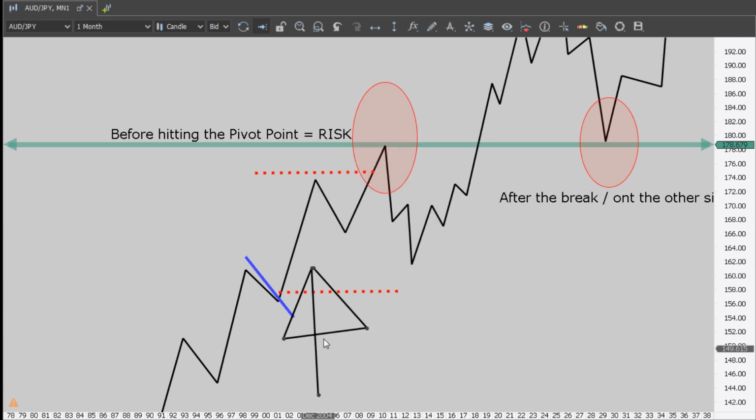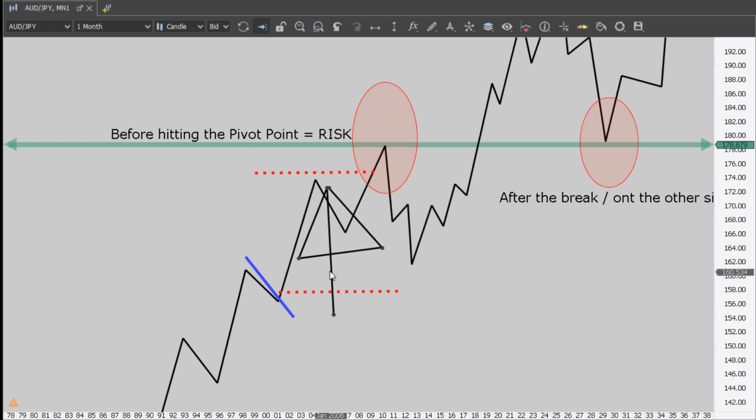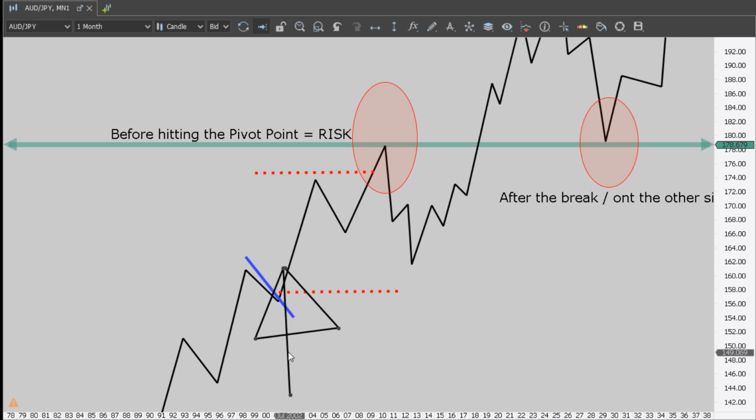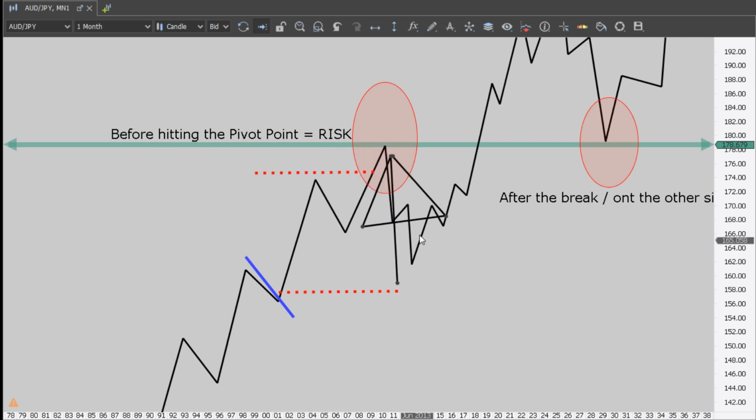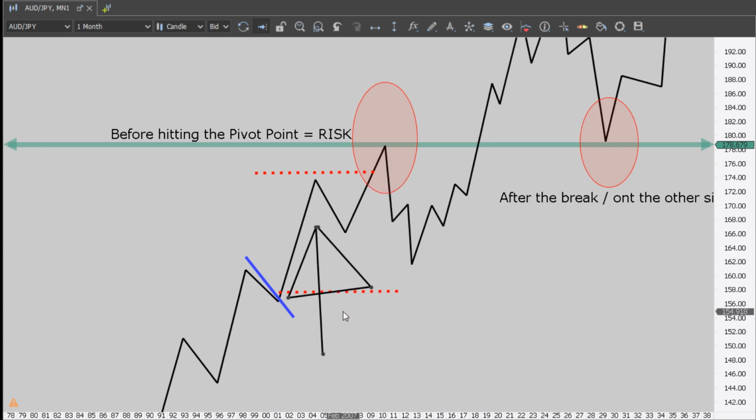So this is the better entry, extension, retracement. Maybe we entered here, but some of you are still entering when the market breaks the previous high. But both traders, we are going to have risk. So before we hit the pivot point, we have risk. Do we agree on that?